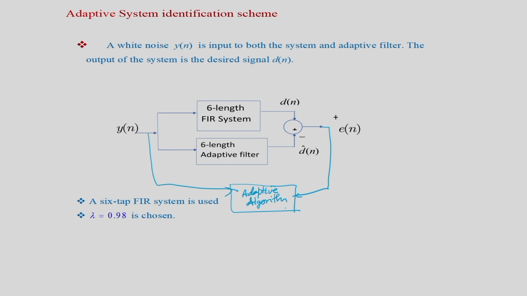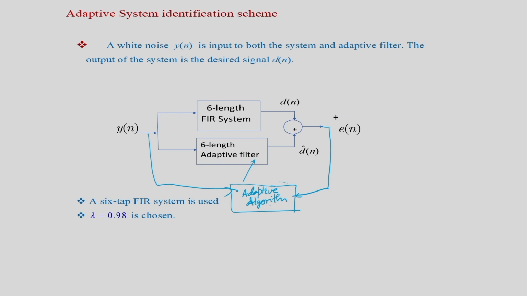The adaptive filter will be operating, and the filter coefficients that are estimated are fed here. These filter coefficients are used to filter this signal, and if there is error, this error is again used to update the filter parameters. So this is the system identification system we are using. Here this 6-length adaptive filter will model the 6-length FIR system.